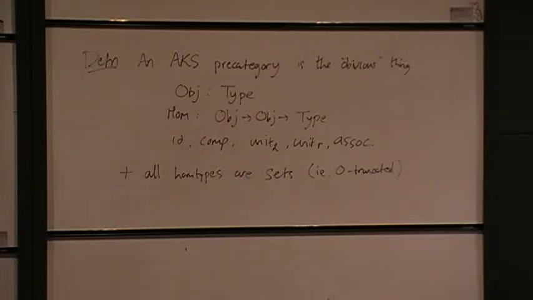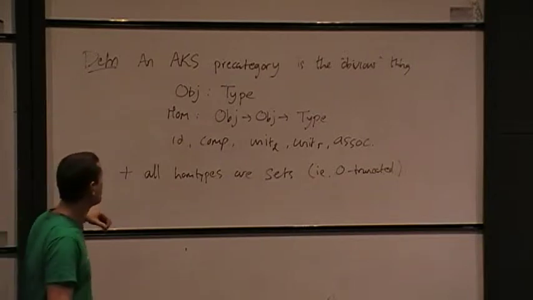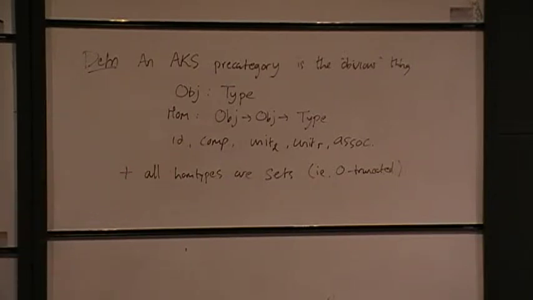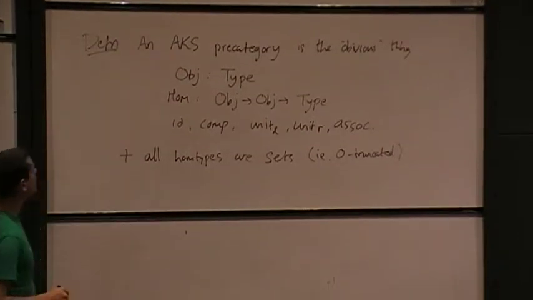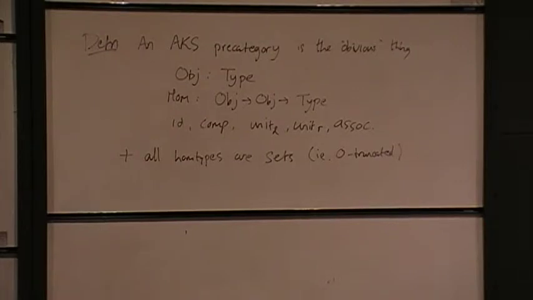And that deals with various coherence issues that I'll sketch in a sec to do with what happens if you allow more exotic Hom types. And then they go on and they talk about how that differs from being a category.